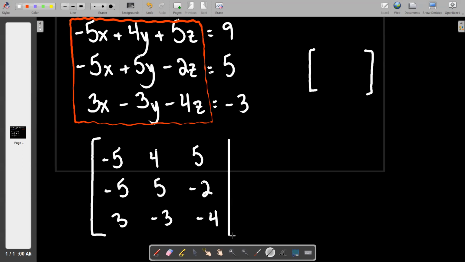To augment something is to add on to it. So I'm going to draw a vertical line, and I'm going to augment on a second matrix. This second matrix is an awkward matrix. It's just a matrix composed of these 3 numbers right here. So that's 3 rows by 1 column. We call that a 3x1 matrix. And so I'm going to take those 3 elements and augment them onto the right like this.